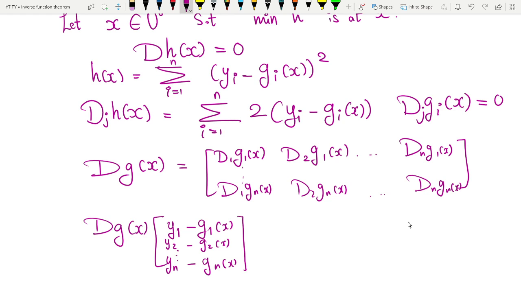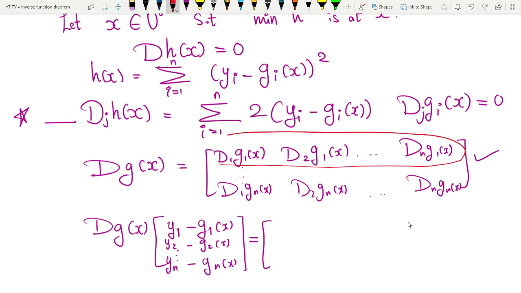If I take the product of this matrix with this column matrix, what would be the answer? I call the earlier result star. By using the star, can you all observe the first row with the first column over here is 0, because this is true for all j, right? So the product is actually 0. Similarly, the second row with the column is also 0, and so on, all are 0.